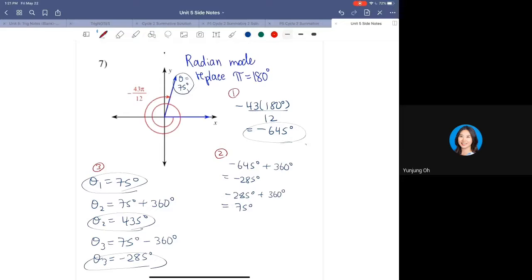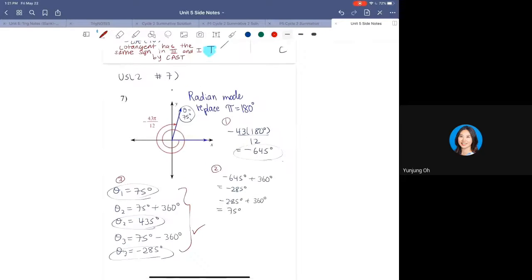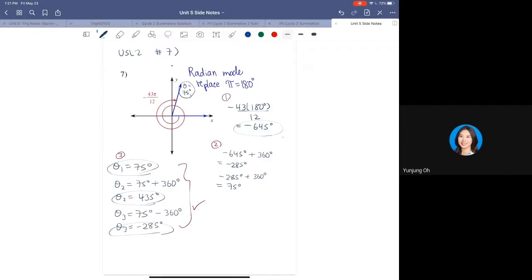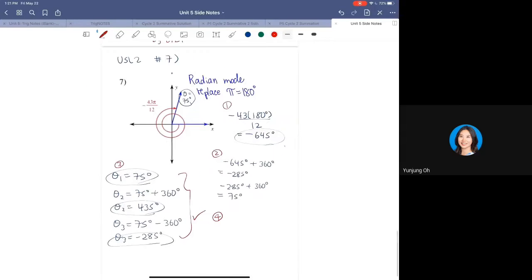Then the other thing they asked me was to predict whether sine, cosine, and tangent are positive or negative. According to CAST, C-A-S-T, all ratios are going to be positive over here. All positive over there, right?